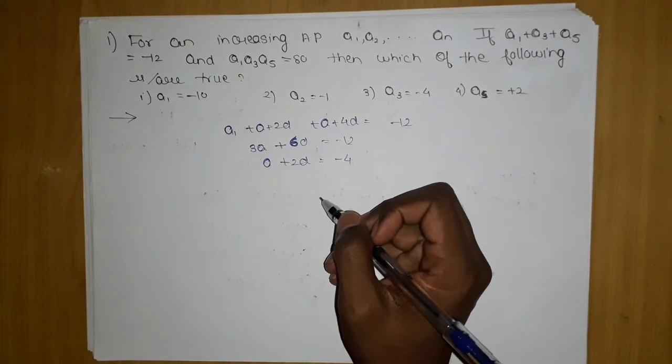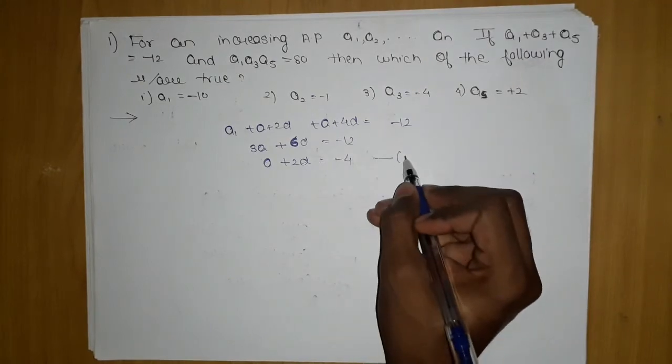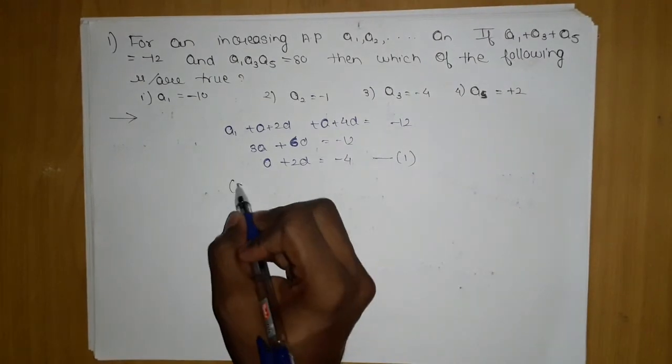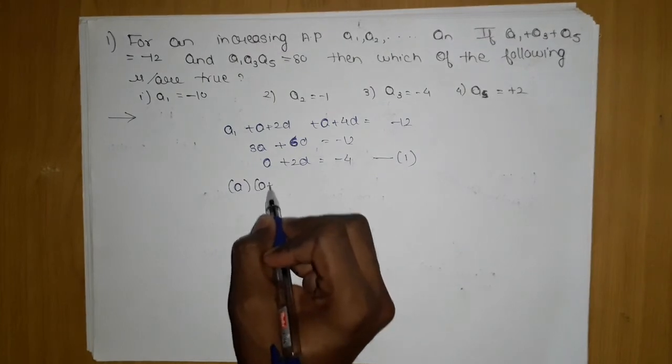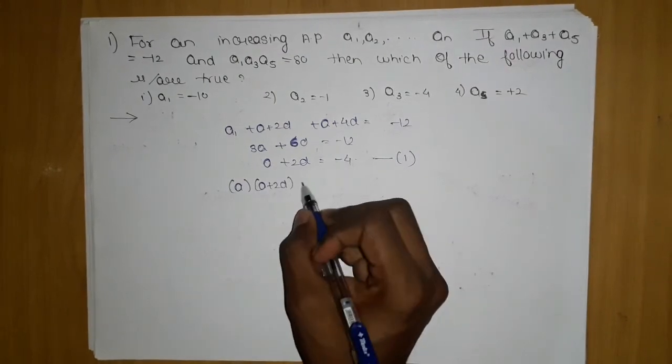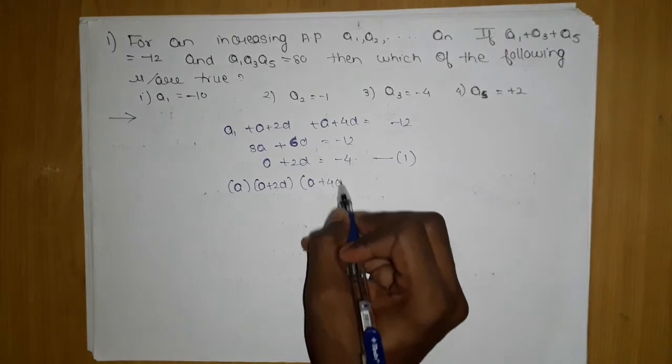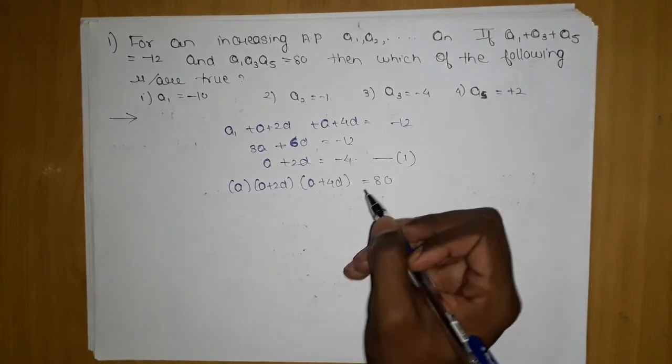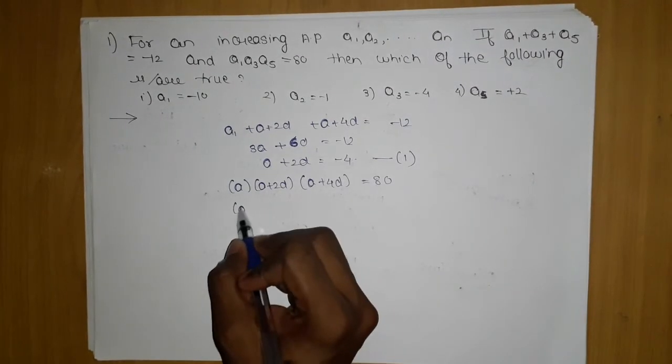Okay, so I've got this, I will call it 1. Now here A into A plus 2D, you will substitute this value here, A plus 4D should be equal to 80. Now here manipulation will work.